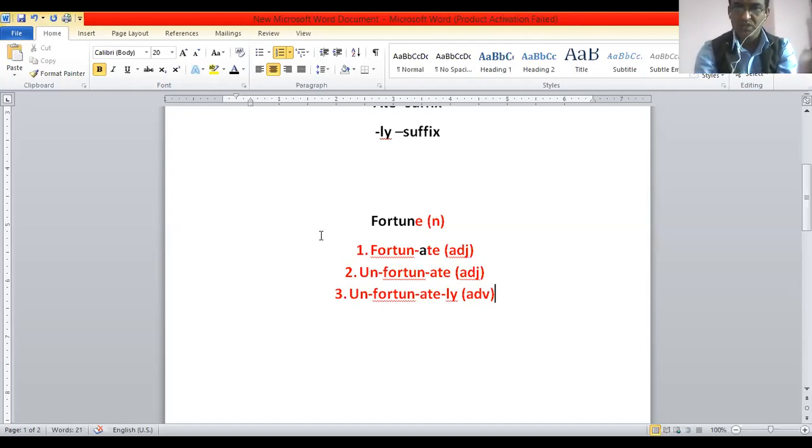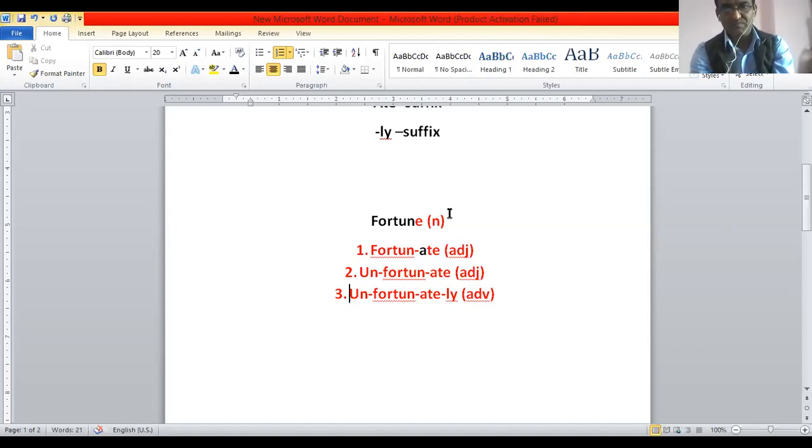So like this, we have this particular type of order. In what order are the affixes ordered? 1, 2, then 3. In the order, what are the affixes that are added? So accordingly, we have a change in the category of the word.